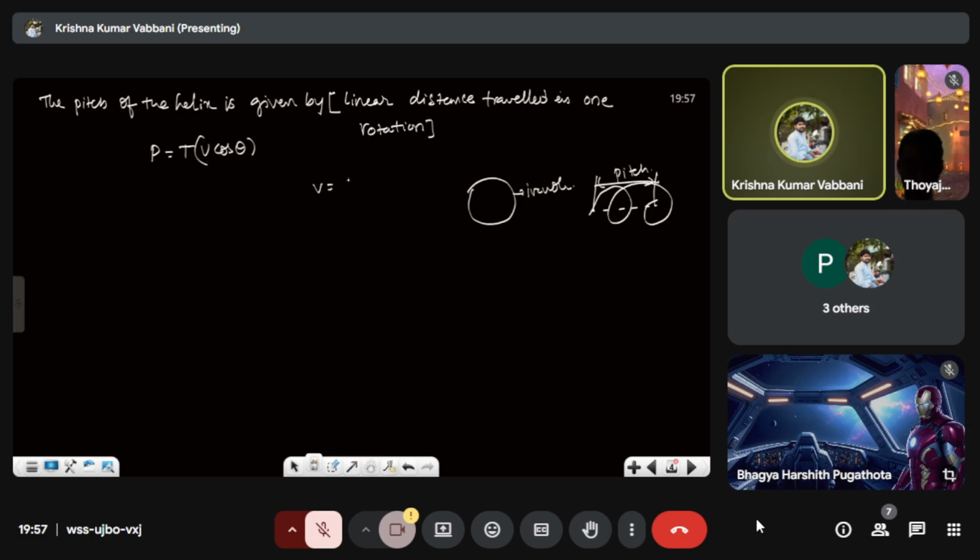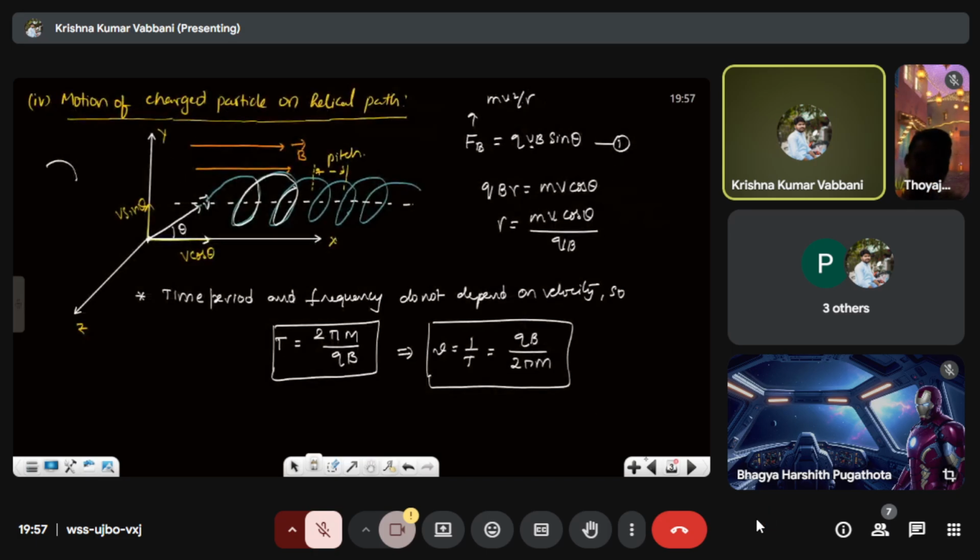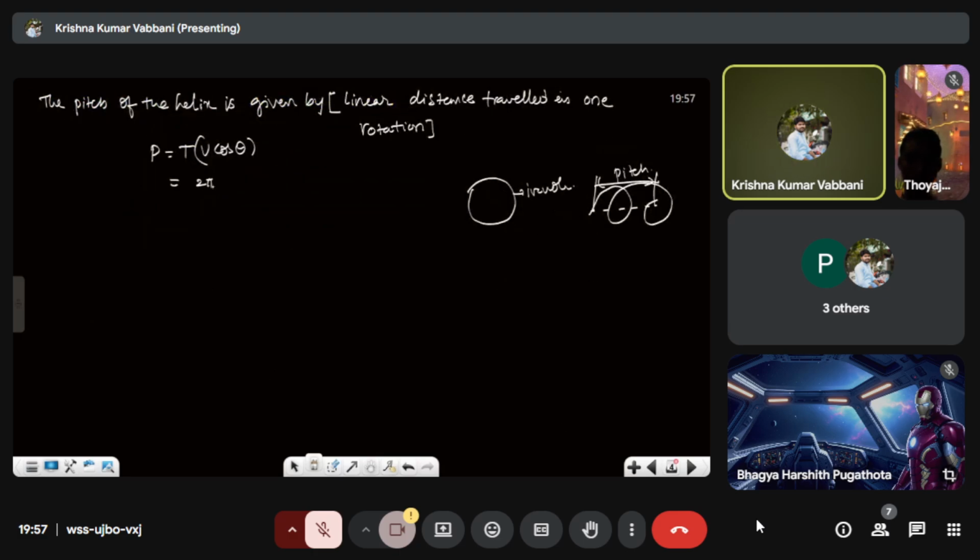Nothing special: velocity equals distance by time, so distance is velocity into time, where T is the time period. The velocity along the x-axis is v cos theta, so we have taken v cos theta. Okay? So what is the time period? Time period is 2 pi m by qB. And v cos theta. This is the pitch of the particle.